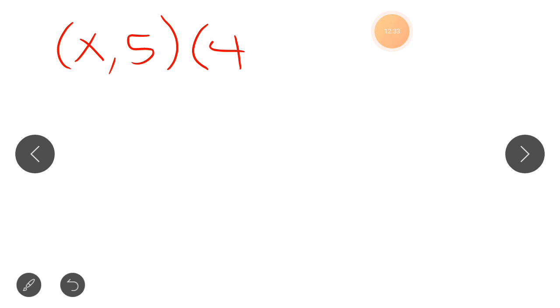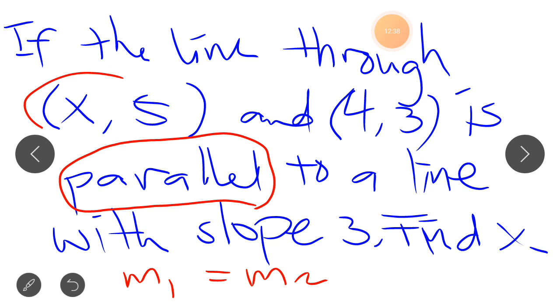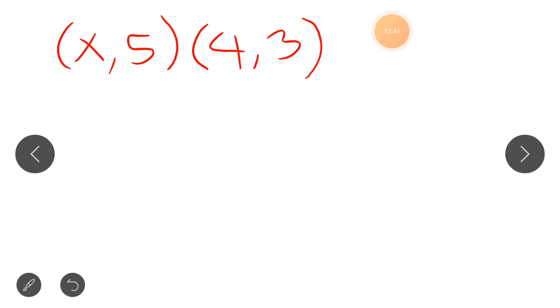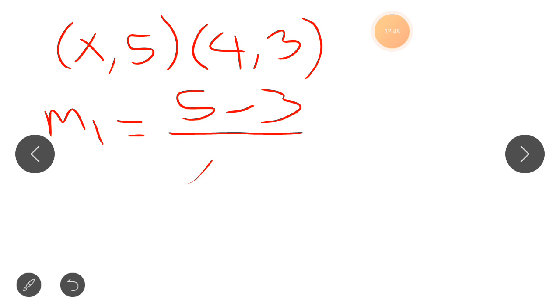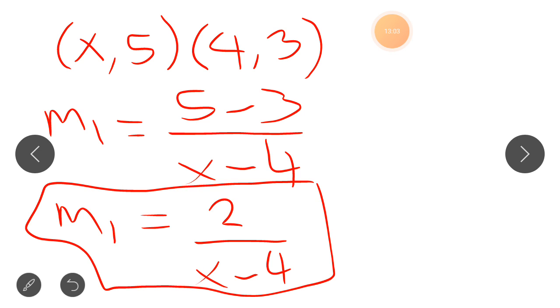For the first line, we have x, 5 and 4, 3. We're going to get the slope of these 2 points here. So that will be m sub 1 equals 5 minus 3 over x minus 4. So the slope is equal to 5 minus 3, 2 over x minus 4. So this is the slope of the first line.